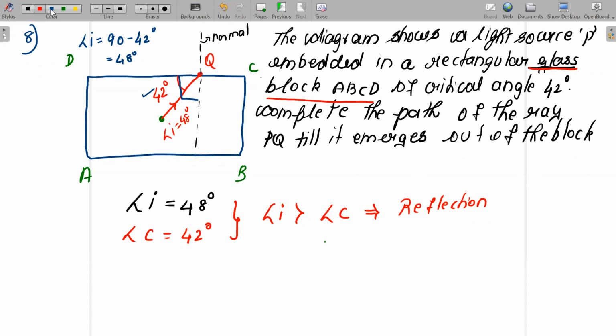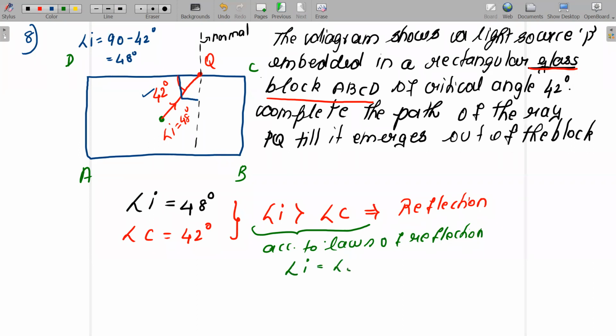Now, reflection will happen, okay, sir. But what is the angle of reflection? That condition you should remember. According to laws of reflection, angle of incidence is equal to angle of reflection. Therefore, angle of incidence, how much you got? 48 degree.